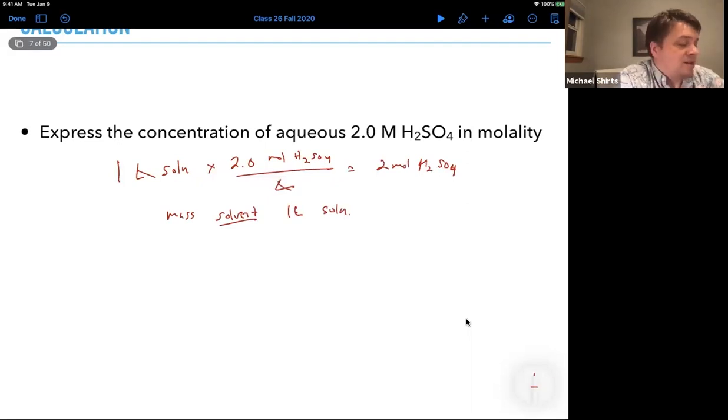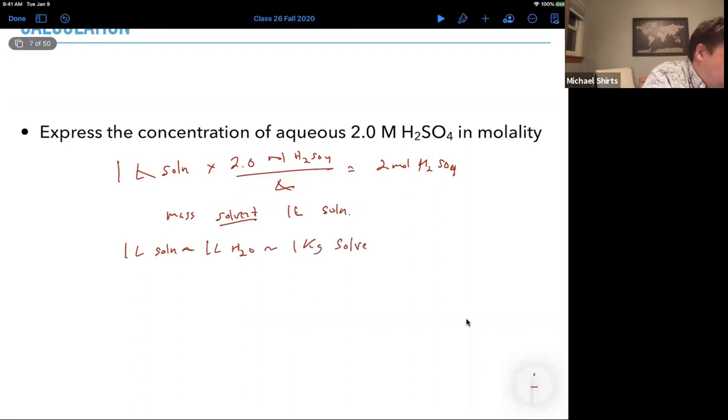We could make a reasonable approximation. 2.0 molar is not super dilute, it's a little concentrated, but we could assume that in 1 liter of solution we had 1 liter of H2O, because maybe the sulfate ion is not taking that much space, since the water can pack around it. In which case that would be 1 kilogram of solvent.